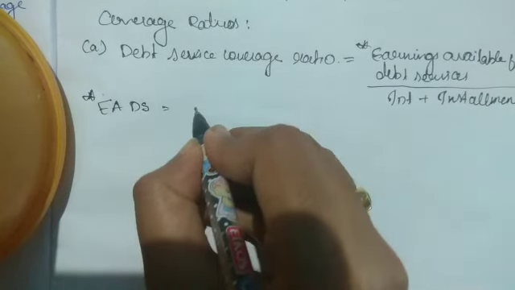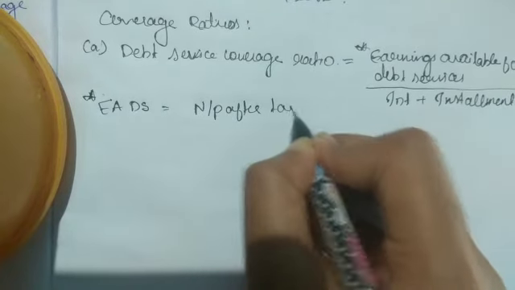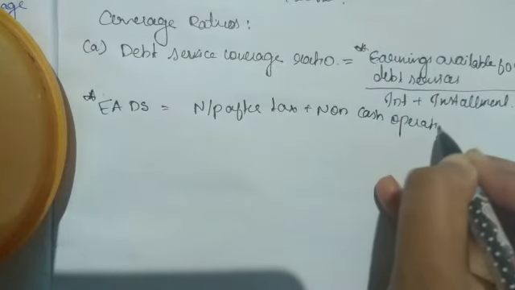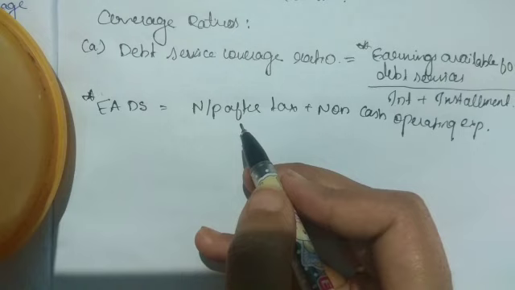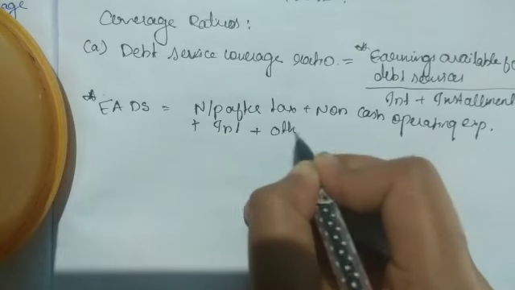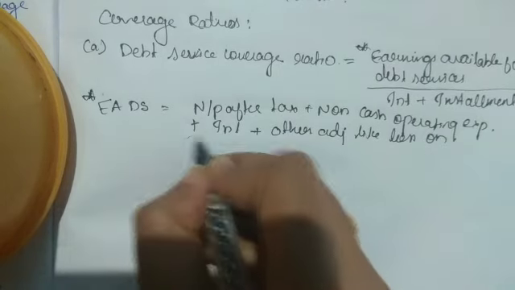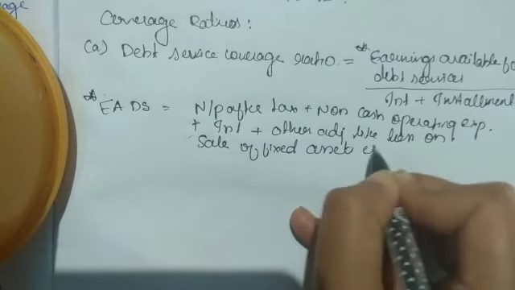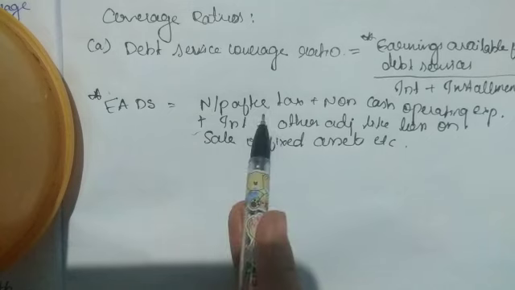It includes net profit after tax plus non-cash operating expenses like depreciation and amortization, plus interest and other adjustments like loss on sale of fixed assets, etc. In place of net profit after tax, we can also use net profit before tax as the case may be.